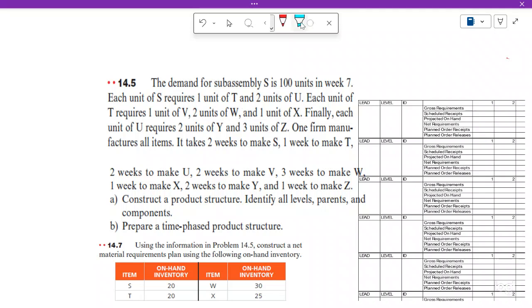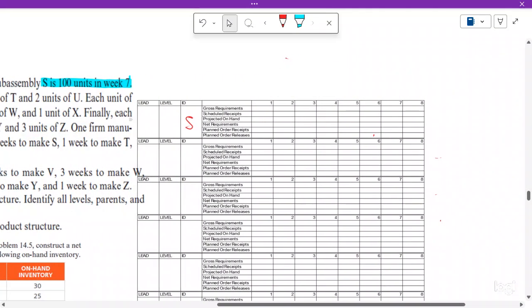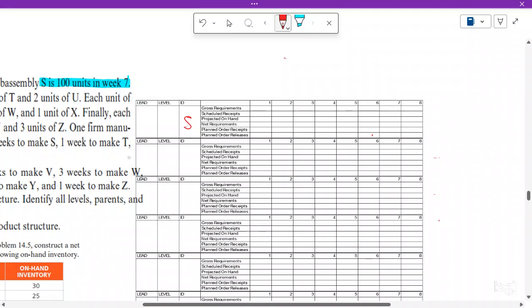Guys, after 7 weeks, you go to your table, you label it S. Then you go to the 7th week, you add 100.